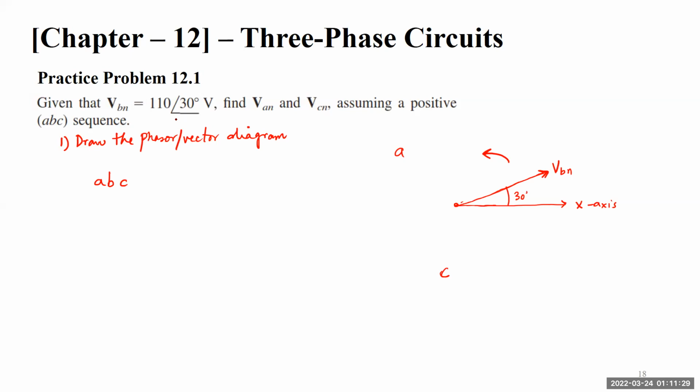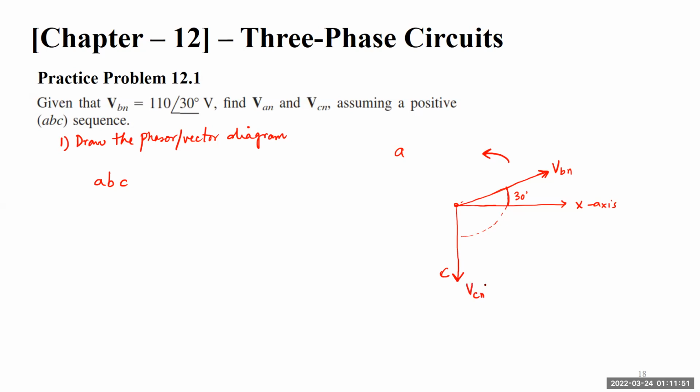The phase difference should be 120 degrees. So VB is at 30 degrees up. The angle between B and C should be 120, so 120 should be from here. 30 minus 120 is minus 90. So VC would be somewhere here.